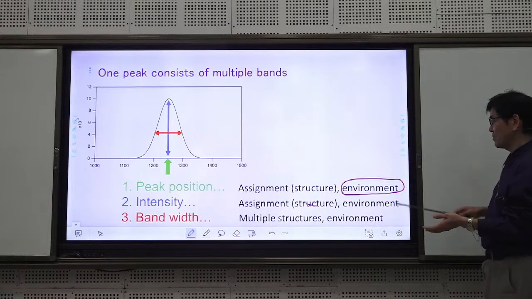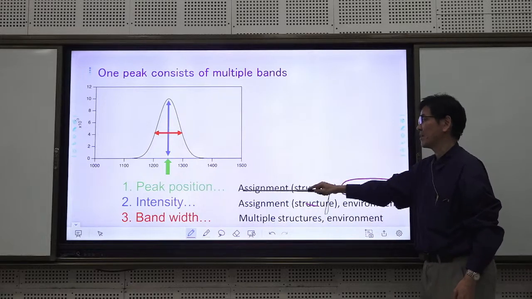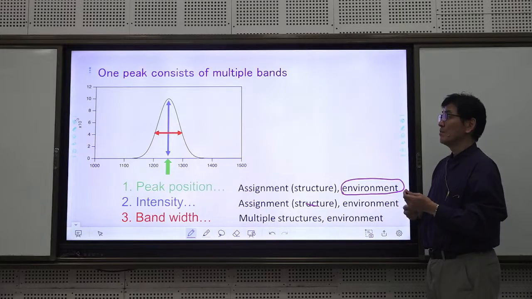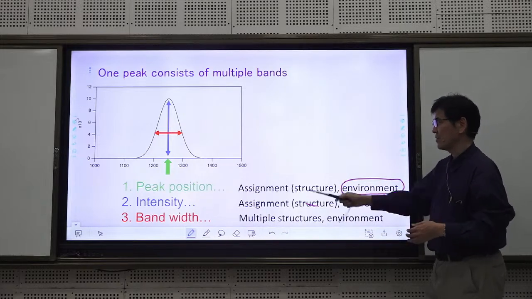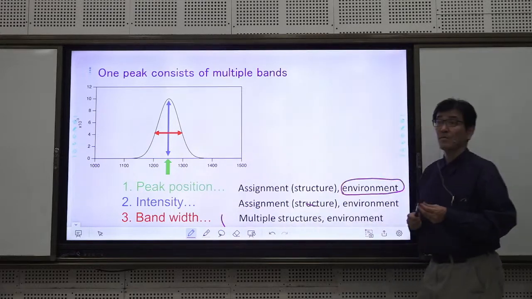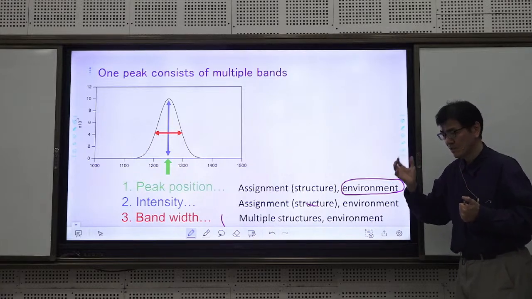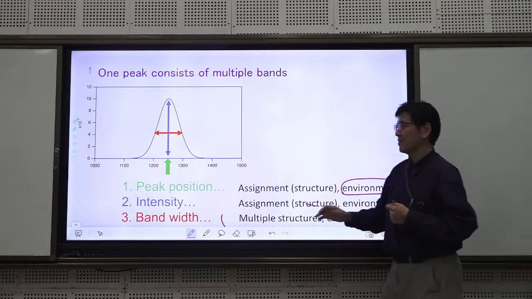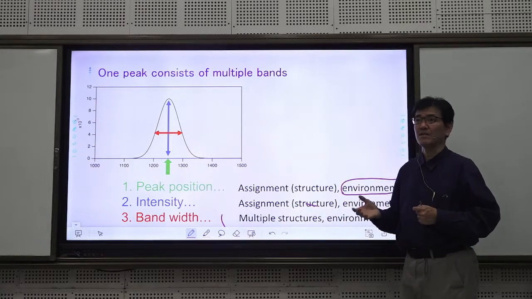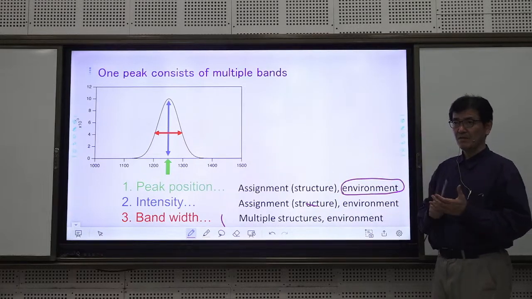At the same time, this environment dependence makes the assignment more difficult. So please consider these features of these parameters to analyze the spectrum. And when you get the spectrum, consider these three features and ask your boss, what do you think about my interpretation? Then he will correct.